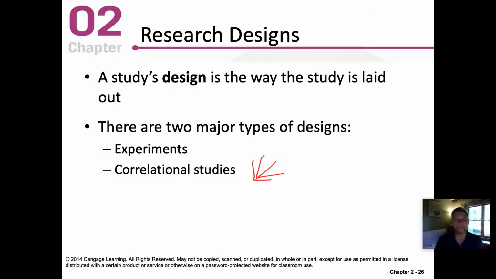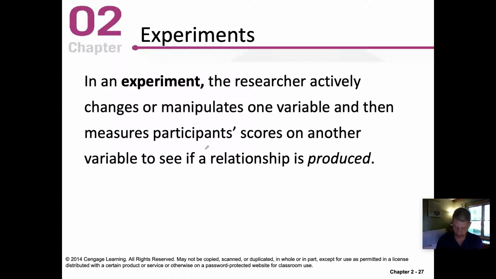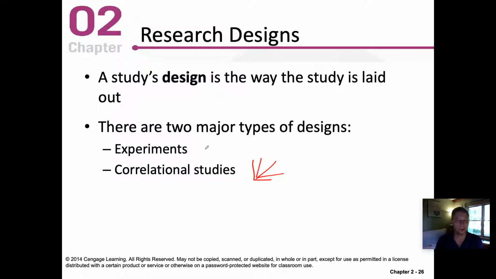In an experiment, you're trying to determine the differences between two groups of people or animals or whatever, and determine if you manipulate a certain variable, does it have an effect on the measurement of the other variable?